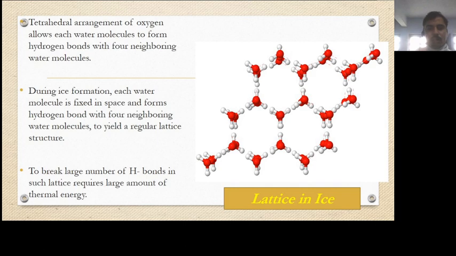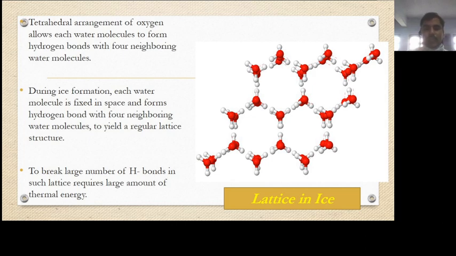The tetrahedral arrangement of oxygen allows each water molecule to form hydrogen bonds with 4 neighboring water molecules. During ice formation, each water molecule is fixed in space and forms hydrogen bonds with 4 neighboring water molecules to yield a regular lattice structure.